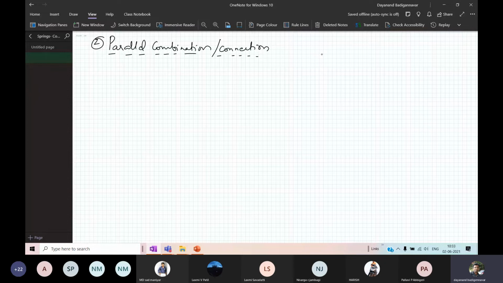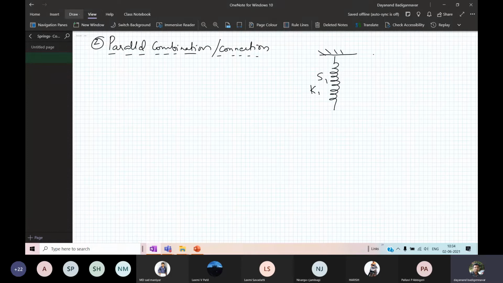So I have two springs, S1 and S2, like this. These springs are connected in parallel. Parallel means this is S1, whose spring constant is K1.